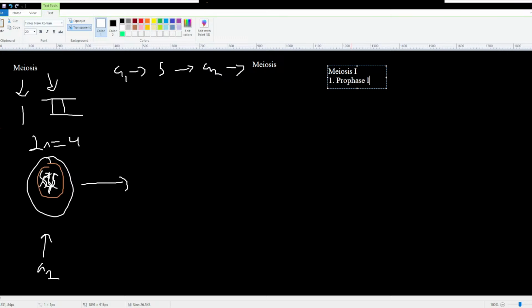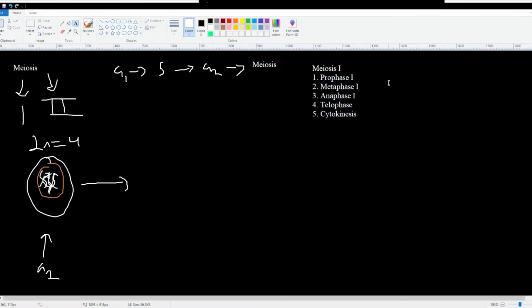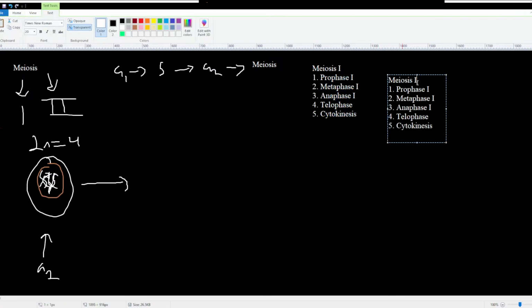Prophase 1, metaphase 1, anaphase 1, and telophase 1. I did say 5 though, so we're also going to include cytokinesis. So that's meiosis 1. And very similar to meiosis 1, we have meiosis 2.